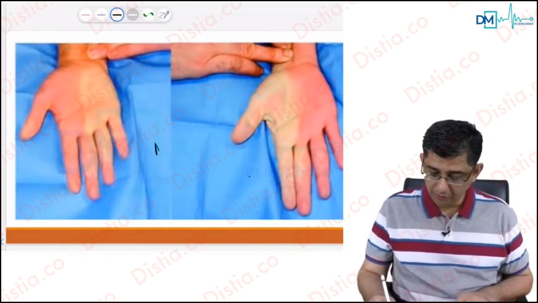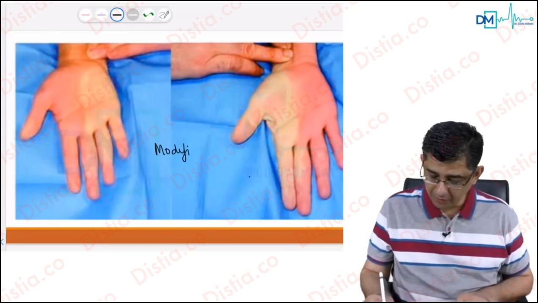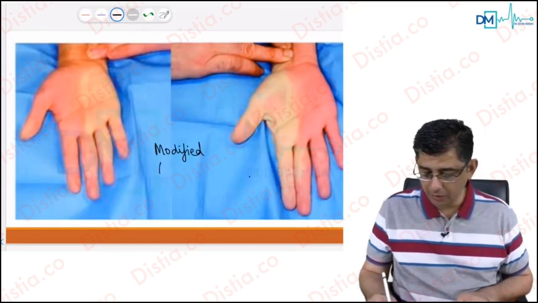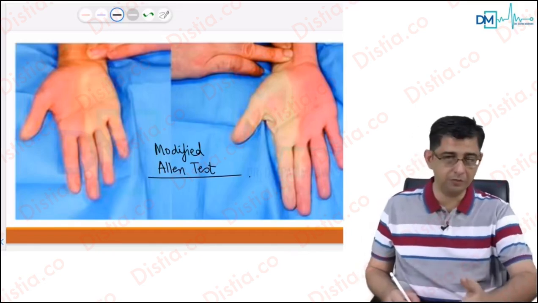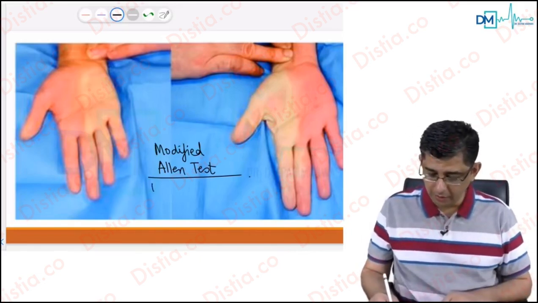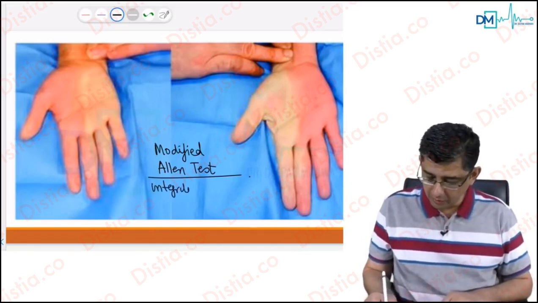As you can see in the figure, we are performing what is called a modified Allen's test, in which you are testing the integrity of the palmar arch. If he says in a question, what is the reason behind performance of a modified Allen's test? It is integrity of the palmar arch.